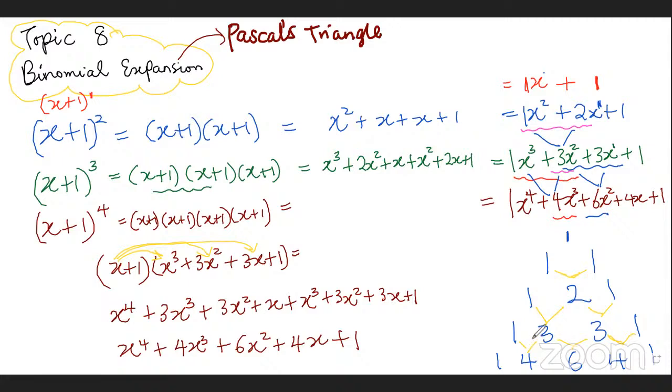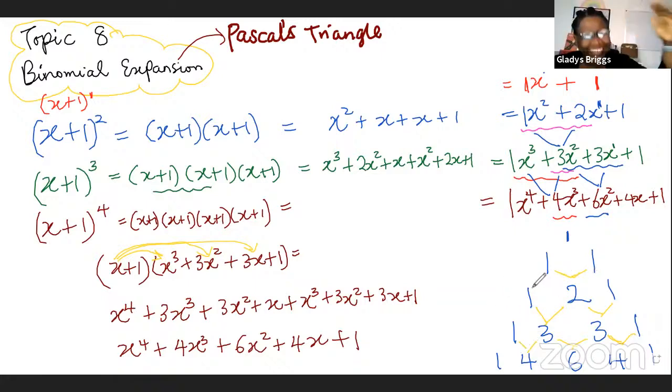The first one, we add 1 plus 1, we get 2, then 2 plus 1, we get 3, 3 plus 1, we get 4. Now I'm dancing. Yes, well done. So you spotted the pattern.